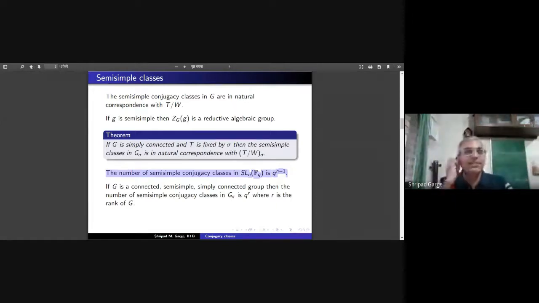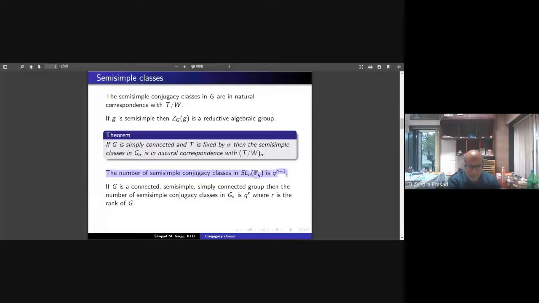This was the correction which was pointed out by Dipendra, and I'm very thankful to him. In fact, Shripad corrected even this mistake. Sorry, Shripad, even here that confusion will be there, that you may have two matrices in SL_n(F_q) which are not conjugate in SL_n(F_q), but they become conjugate in a bigger field.